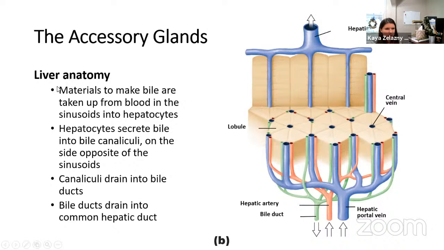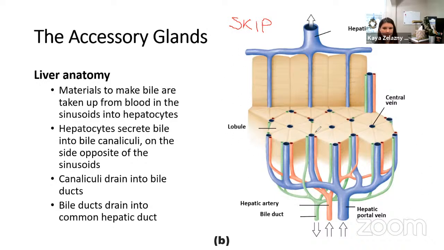Sorry, I'm pausing because I'm thinking we're going to skip this bit about the liver anatomy because I'm a little concerned for time. So you can write on your slides that we're going to skip exactly how we are creating these bile salts.